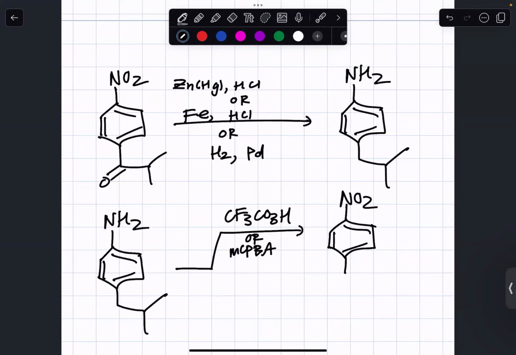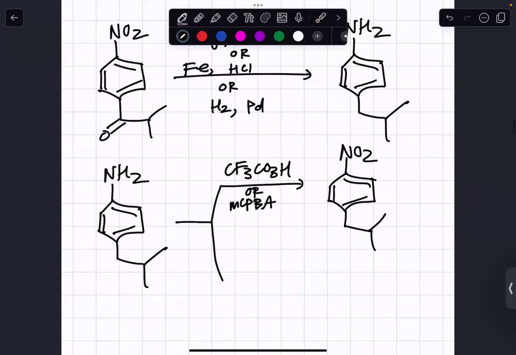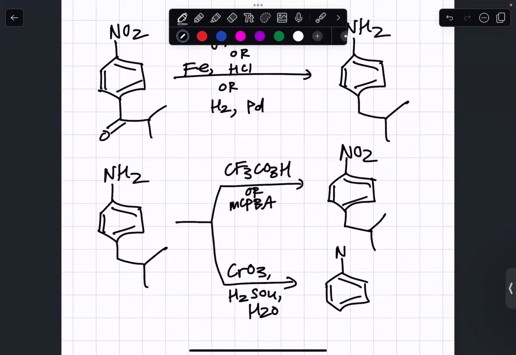But that would not affect the alkyl group. That would not go back into the carbonyl. If you want your carbonyl back, you got to use Jones, CrO3, H2SO4, and water. That would not affect the NH2. The NH2 would stay the same, right? But that would bring back your carbonyl here, like that.